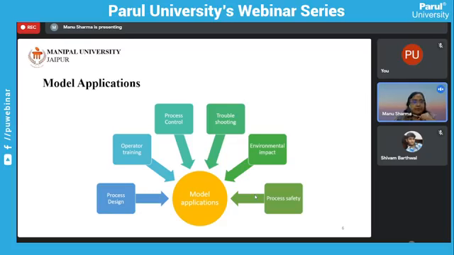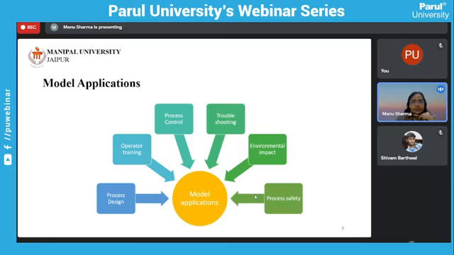Training an operator is the second application of a mathematical model. Rather than giving hands-on practice on the plant every time, we can give the mathematical model to an operator and we can provide them training. We can give them an overview of the process, and then after they are properly trained, we can deploy them in an industry, so that they are well aware of that system and they can perform efficiently.